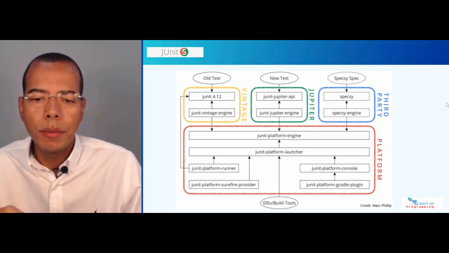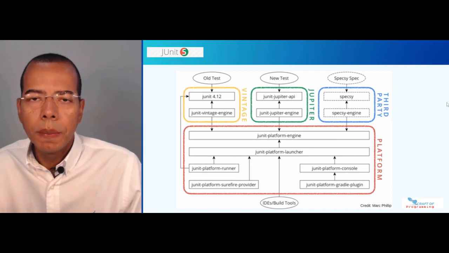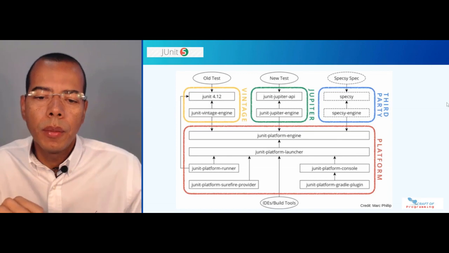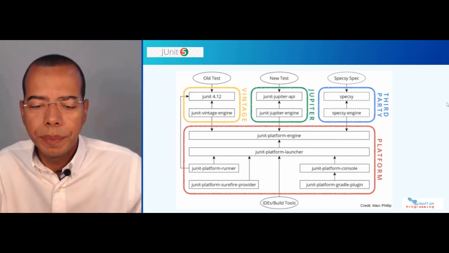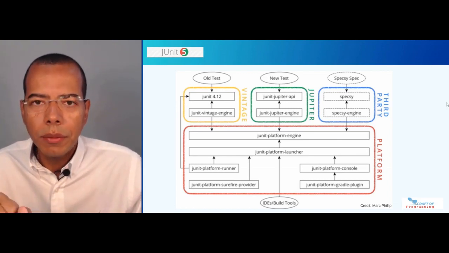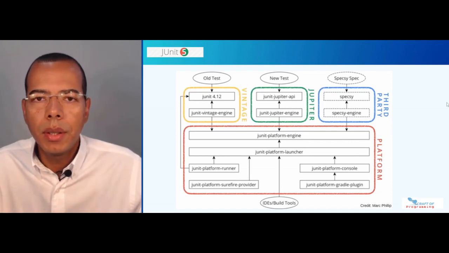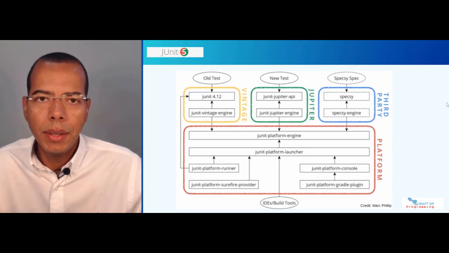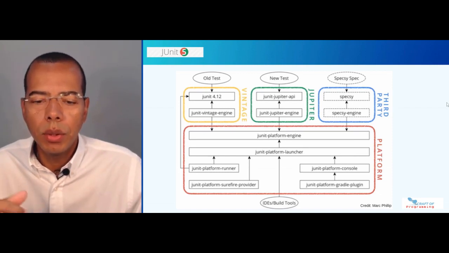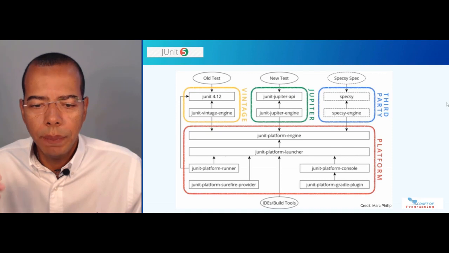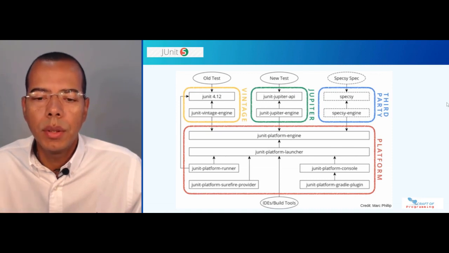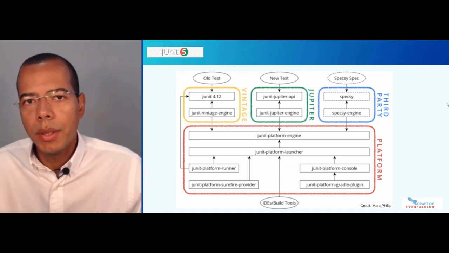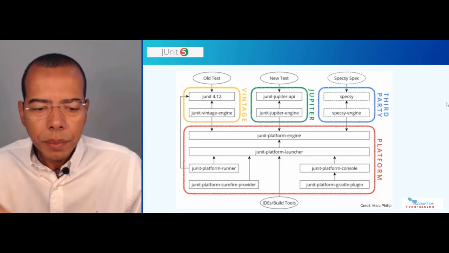The implementation of those interfaces is in the Jupiter engine, which then talks to the platform engine to actually run your tests. And the JUnit Platform Launcher here in the platform is the way to launch the tests, and that's what an IDE like IntelliJ or Eclipse will use to launch your tests. They give the tests to the launcher, which then tells the engine to run them.